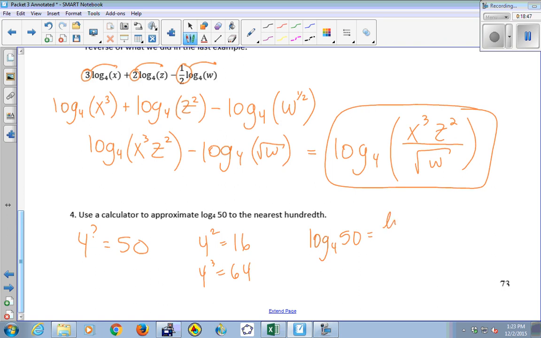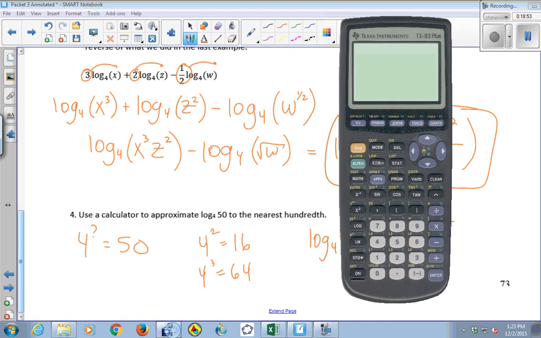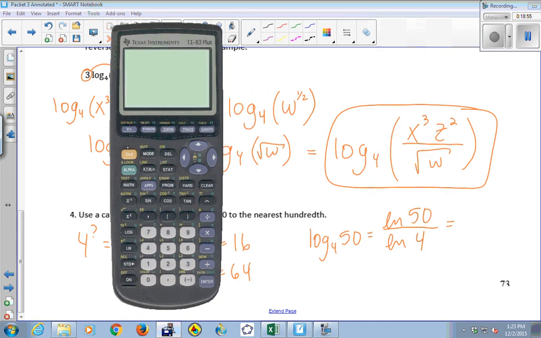Okay, so ln of 50 divided by the ln of 4. I should use a squiggly equal sign here because I'm going to round an answer, so it's approximately equal. So the ln of 50, oops, close that parentheses, divided by the ln of 4, 2.82.